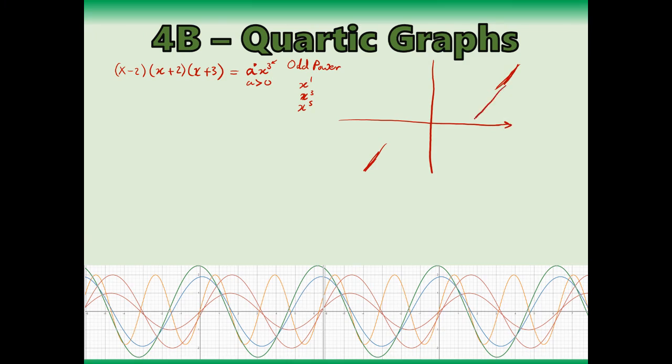If it's got a power of 5, there may be up to 5 roots, or there would be an odd number of roots: 1, 2, 3, 4, 5. We're not going to discuss higher powers in this book, but I'm just saying that the ends of the graphs will end up in quadrant 1 and quadrant 3 when the highest power is odd. Highest, I must emphasize, this is talking about the highest power of x.